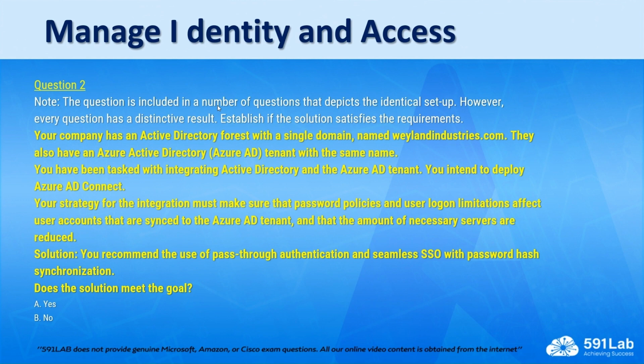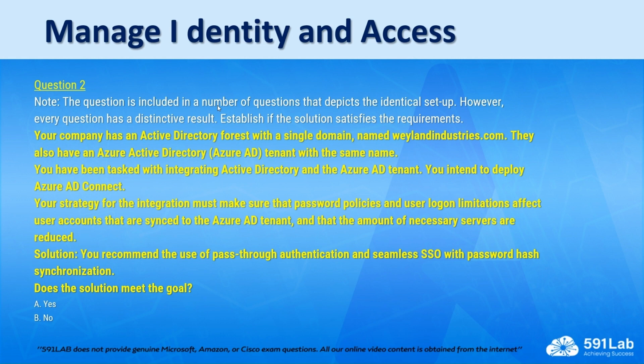So the question reads, your company has an Active Directory forest with a single domain named waylandindustries.com. They also have an Azure Active Directory, Azure AD, tenant with the same name. You have been tasked with integrating Active Directory and the Azure AD tenant. You intend to deploy Azure AD Connect.